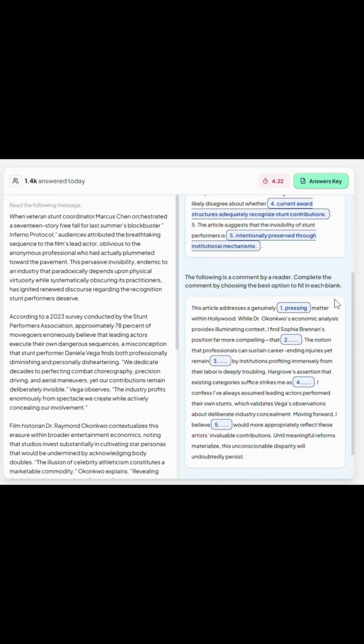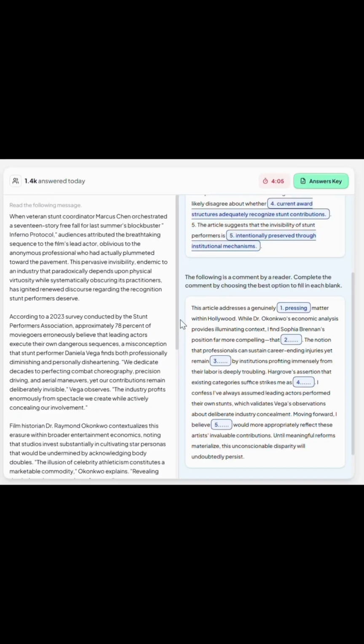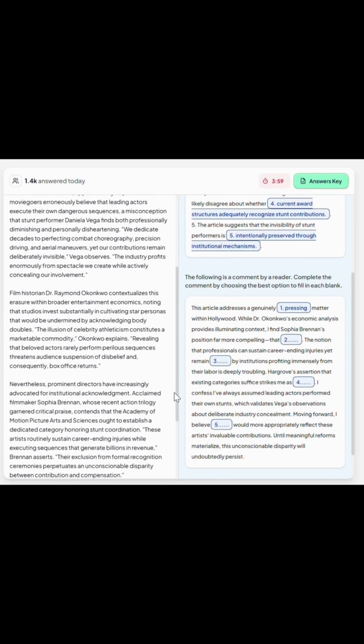I know I have something on Sophia Brennan. I know where it is. I already know what my answer is, but to confirm that, I can go to where I saw the person's name again and quickly remind myself of what the person's opinion was, and I pick my answer. The reason I did that is because I saw that name keyword.